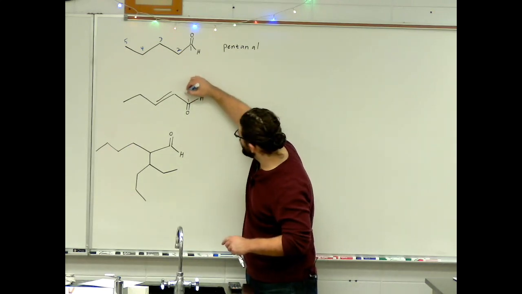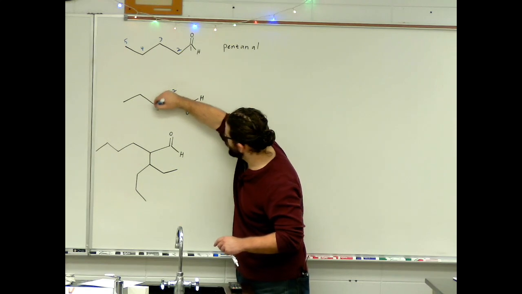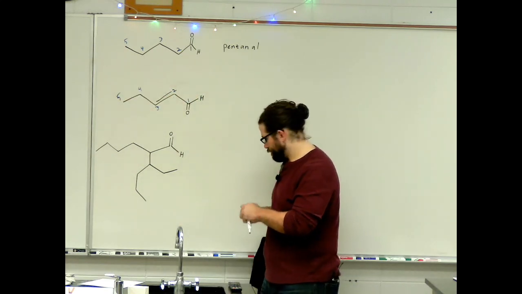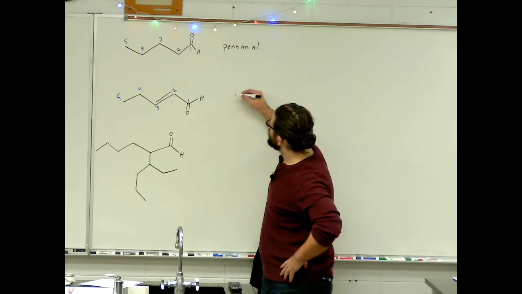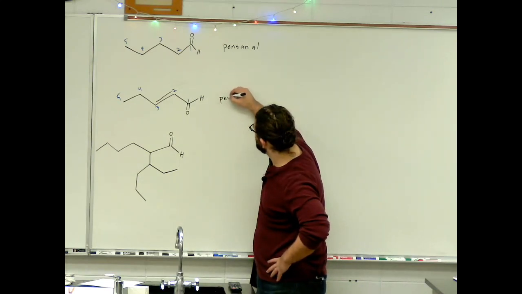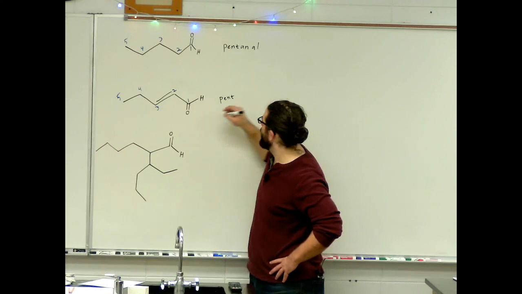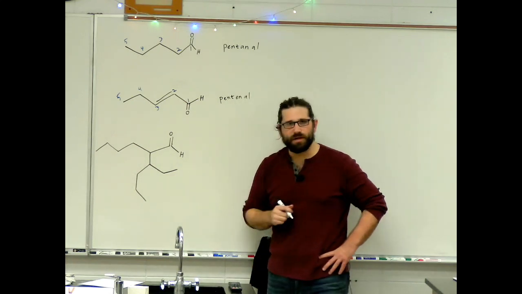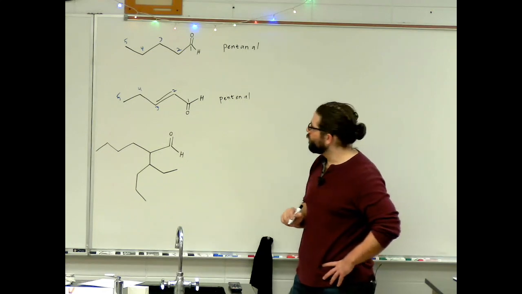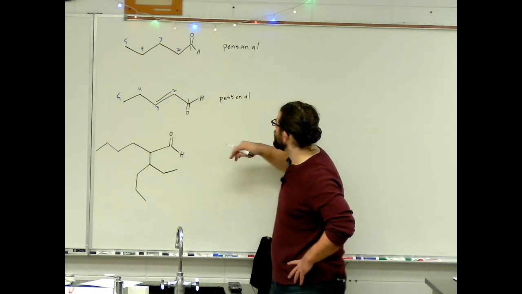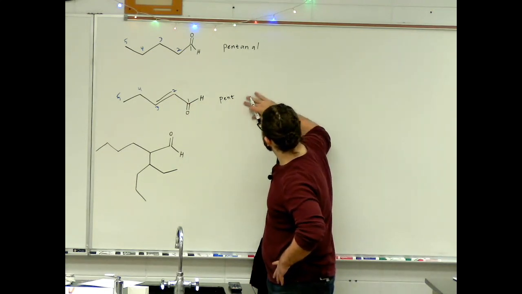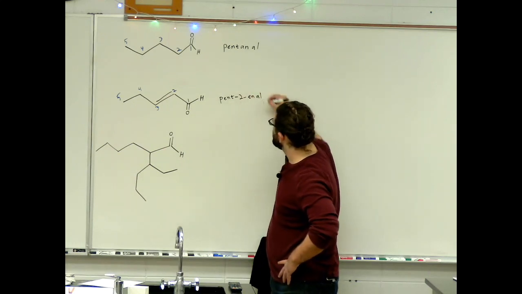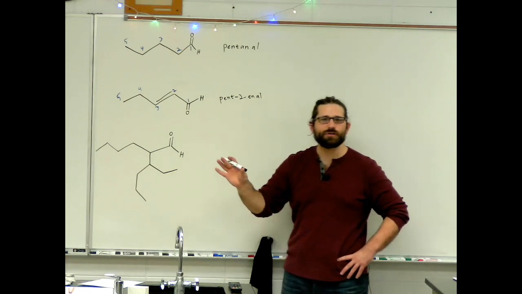So it's going to be a 1, 2, 3, 4, 5. Once again, pent, this time with a double bond, en, then al. Nice and straightforward. One thing we're missing, though, we need to identify where that double bond is. So this is going to be pent-2-enal. All right. So far, so good.